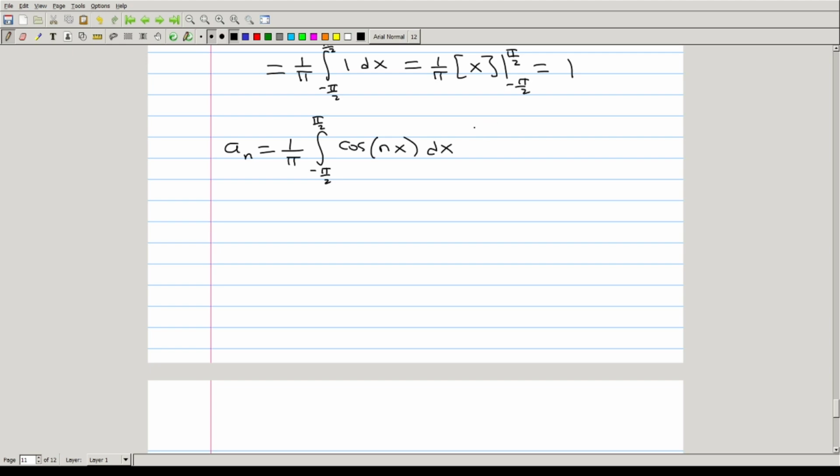And this integral ends up being sine of nx over n pi, from negative pi over 2 to positive pi over 2.